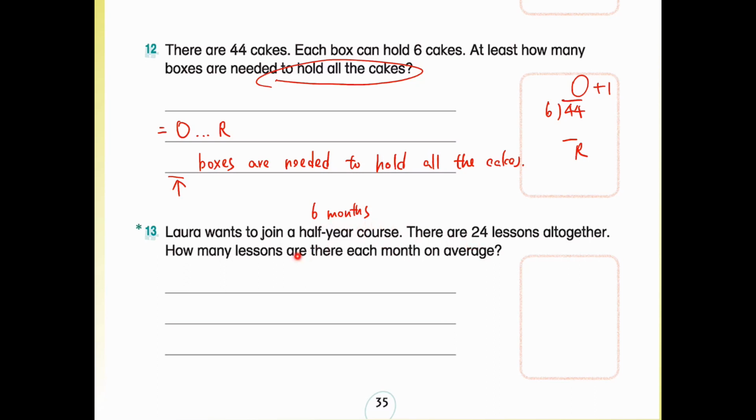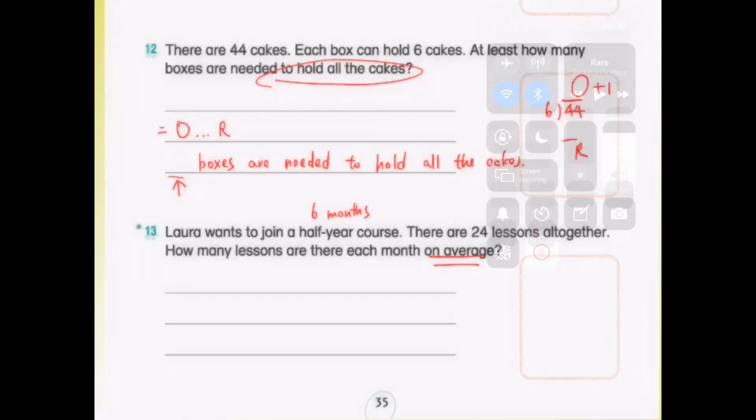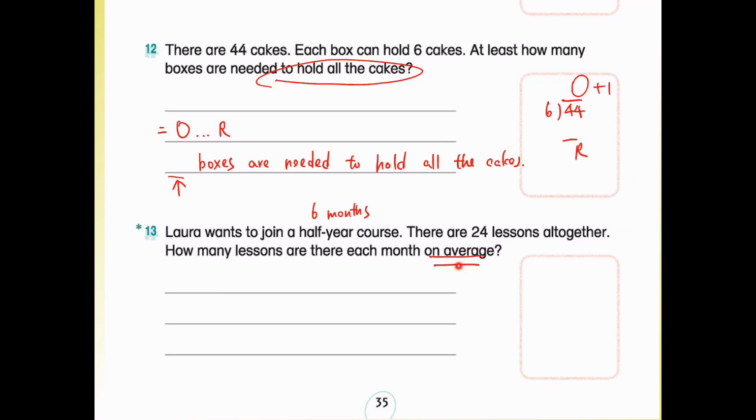So how many lessons are there on average? So on average means the number of lessons that we usually do each month.